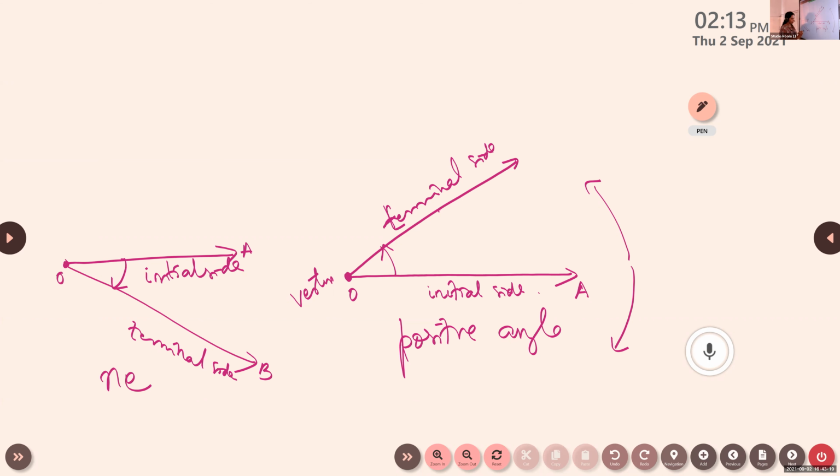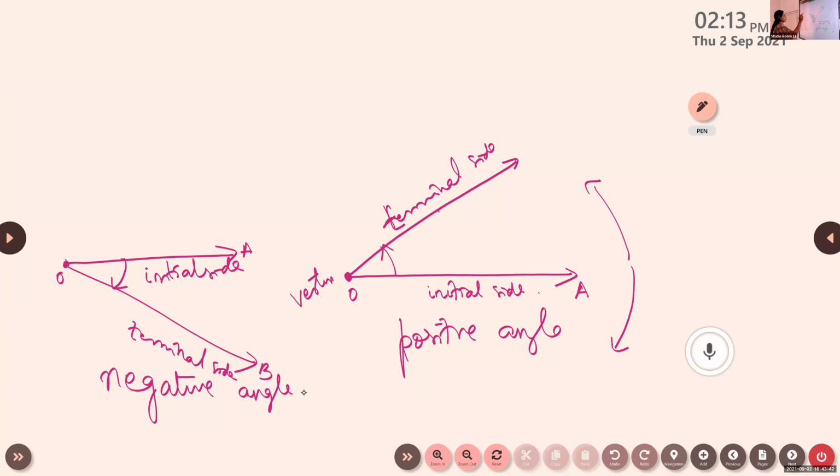In that case, we call the angle a negative angle. So whenever the ray moves anti-clockwise, the angle is positive, and when it moves clockwise, we get a negative angle. Positive and negative angle, is it okay?